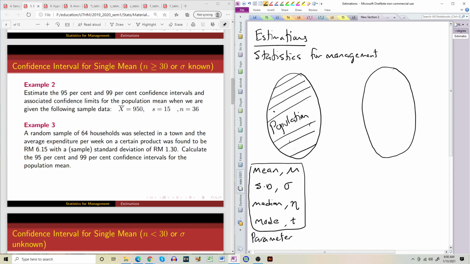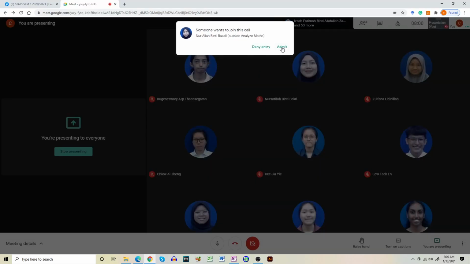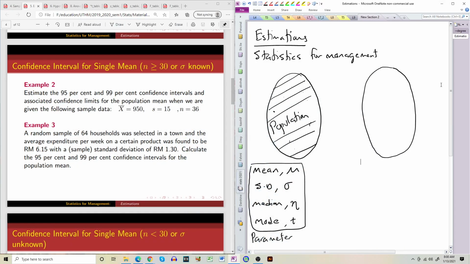Now, if I want to study students who are learning statistics for management, but I'm not considering the whole population, I just consider my class, which is a small portion of the world. My class has 120 students. In that case, the mean for my class, the small portion, is known as X bar.